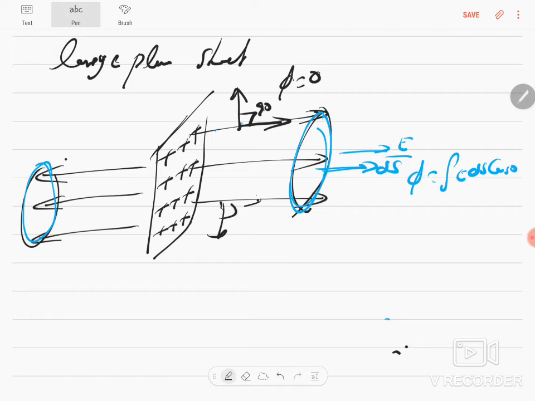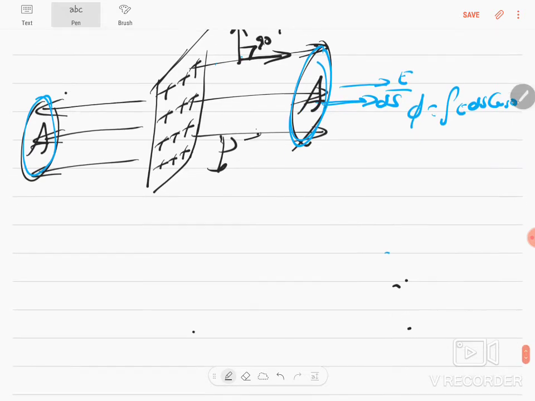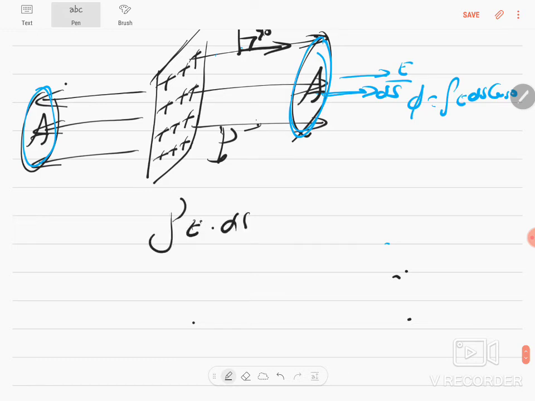Therefore, at the curved surface there is no flux; only from the circular portions, top and bottom, do you have flux. So call this area A, call this area A. Right? Gauss's equation: integration of E dot ds is equal to q by epsilon naught.